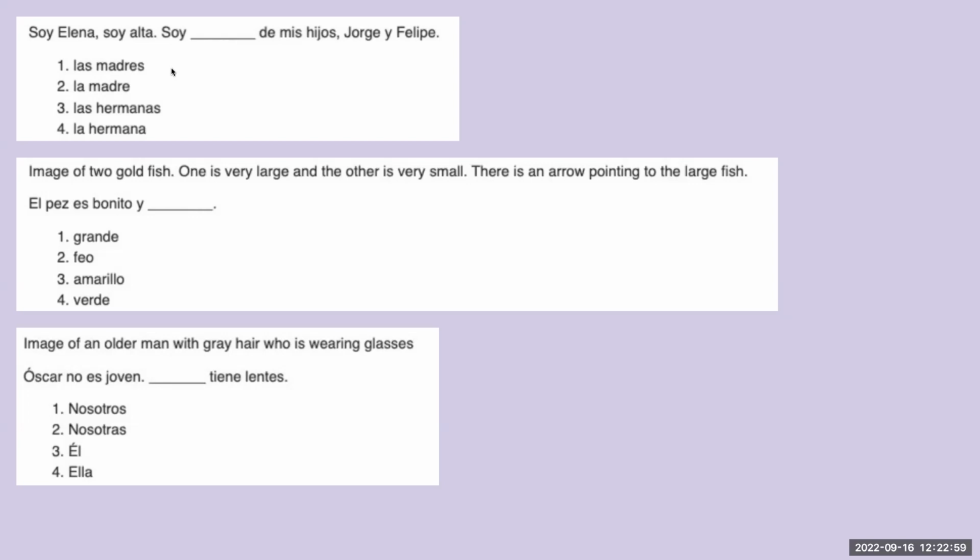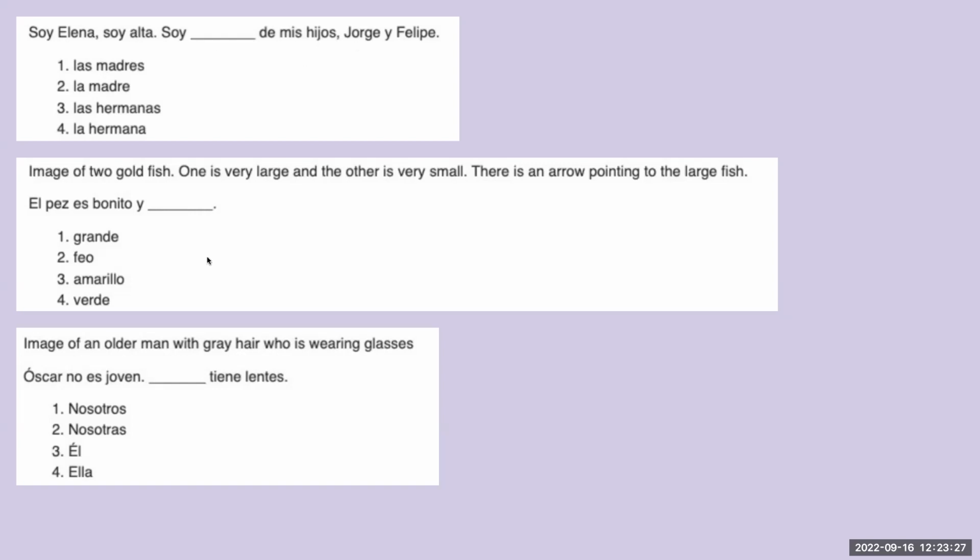Type in the chat box. I need to see you all trying this. Only one, Israel. Make a choice. Joel says 2. Yes, la madre. Soy la madre de mis hijos. I'm the mother of my sons.